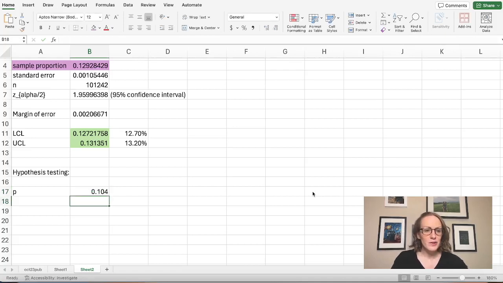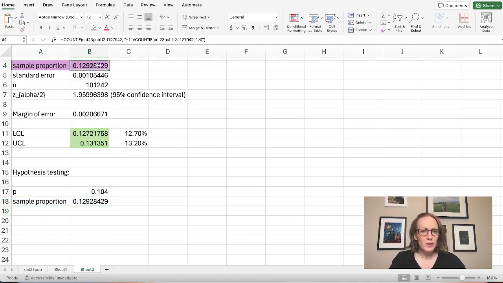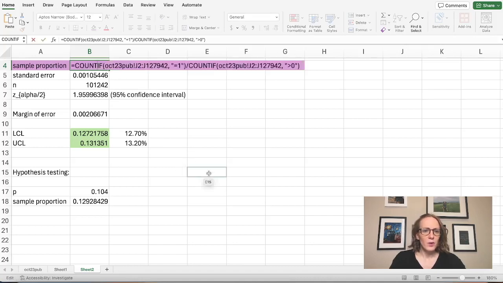We said to do that, we need our sample proportion, which we already found. Our sample proportion is the same value we got up there, 12.9%. Just as a reminder, to do that, we counted up the number of people who said that yes, they did own a business or a farm, and we divided by the total number of people who responded, which was the number of people who had a value of 1 or 2 entered for them.